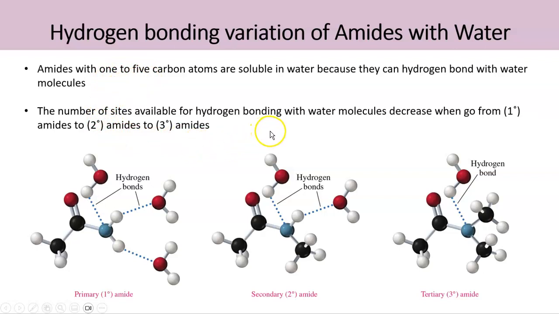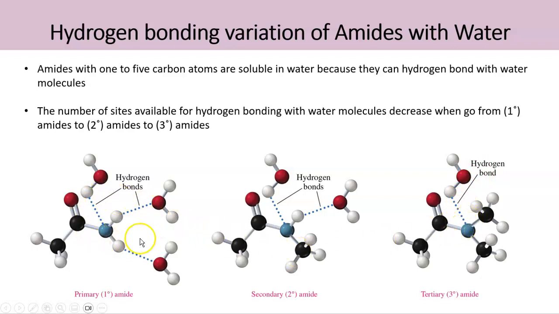At the same time, they have to be primary or secondary amides. And when it comes to tertiary amides, their hydrogen bonding ability is much, much decreased, for the same reason, because the number of sites available for hydrogen bonding is lower.